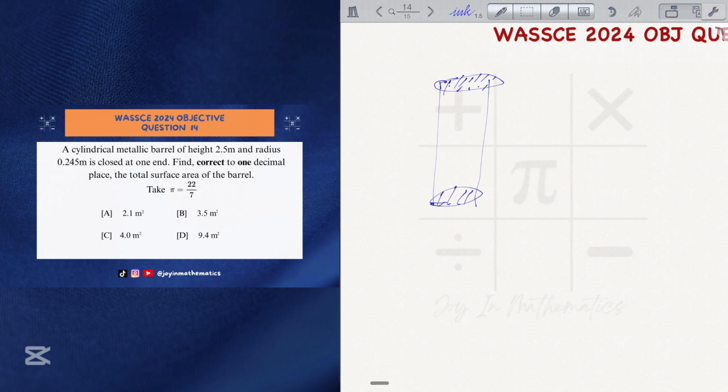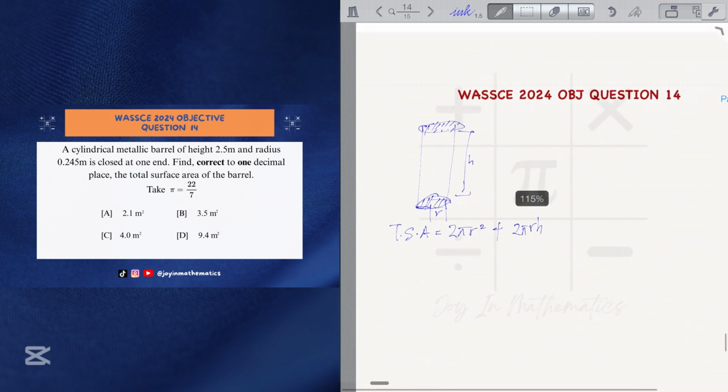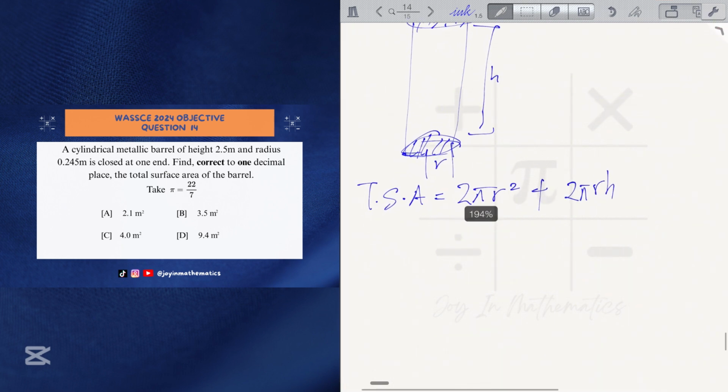So we are saying here that the total surface area will be equal to, since it's closed at both ends, 2 times the area of a circle, which is pi r squared, then 2 because it is closed at both ends, plus the area of the curved surface with height h. Remember, it has radius r, and that will be 2 pi r h. In the same vein, let's reduce the size now.